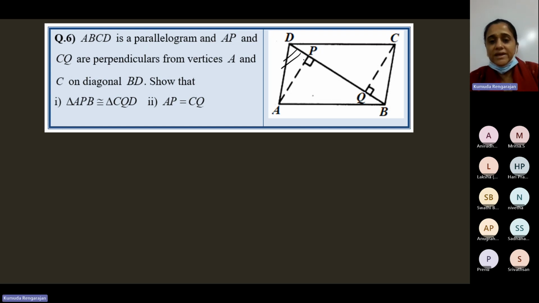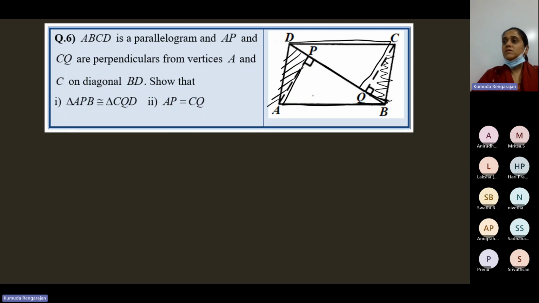That means take this triangle APB, and this triangle CQD, and show that these two triangles are congruent to each other.